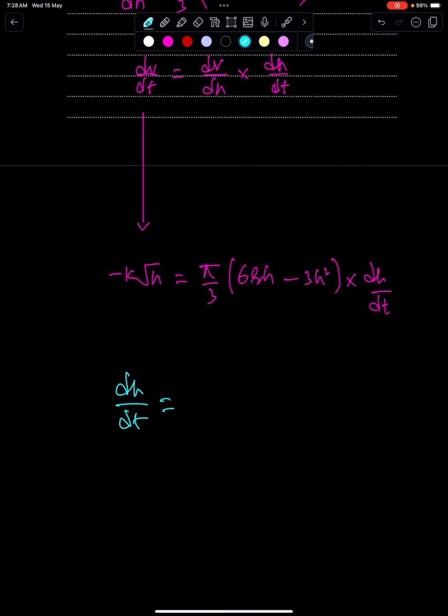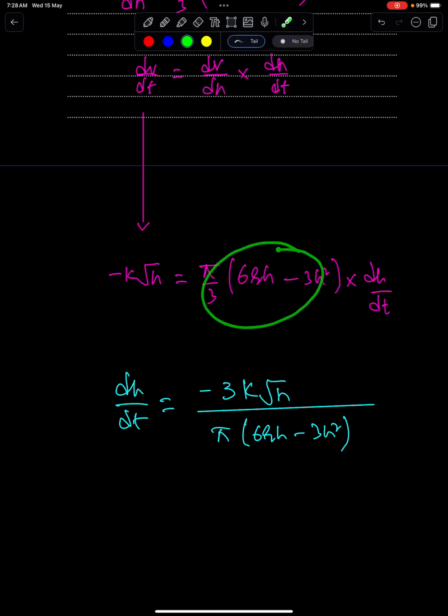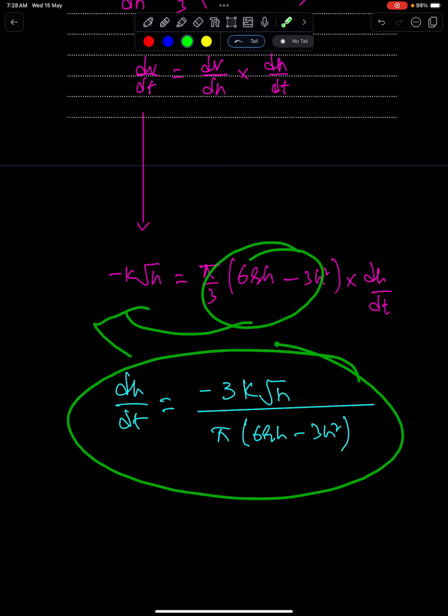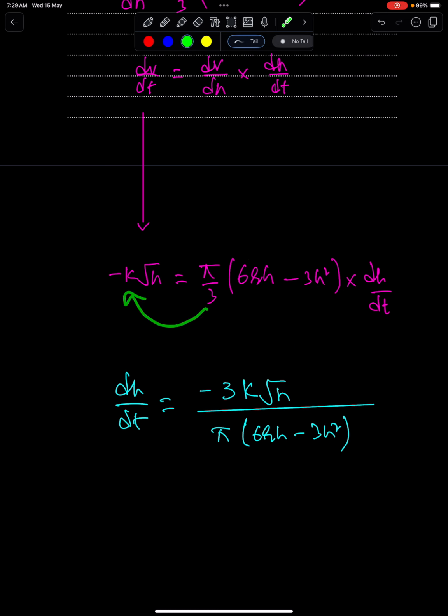So we have minus k root h over pi bracket 6rh minus 3h square. After shifting this on left side, we have this. This 3 will come here and this will come in denominator.